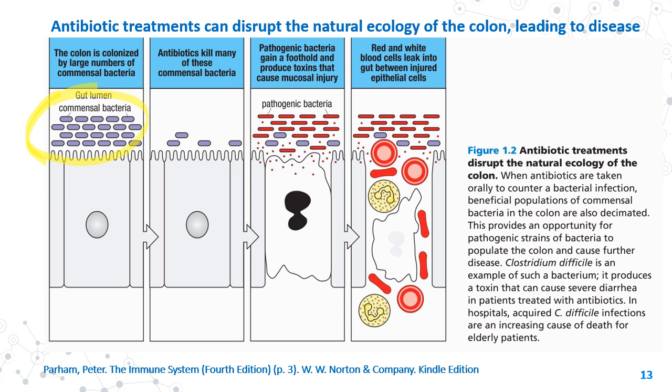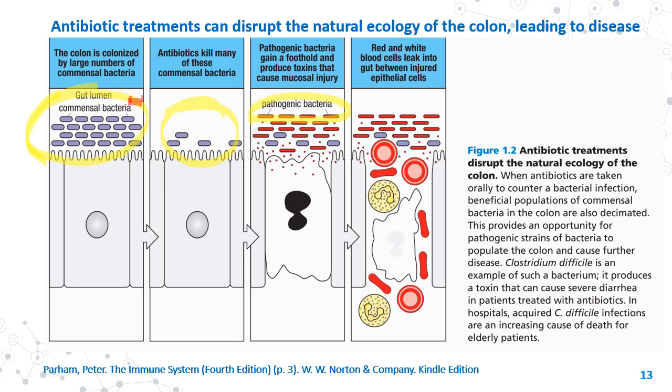If you took antibiotics, you kill some bad bugs, but you kill a lot of your good bugs as well. Now let's say that on top of all that, you had some pathogenic bacteria, those are the red guys here, present from the beginning, although they're not shown here. So let's put one little bacterium right there.